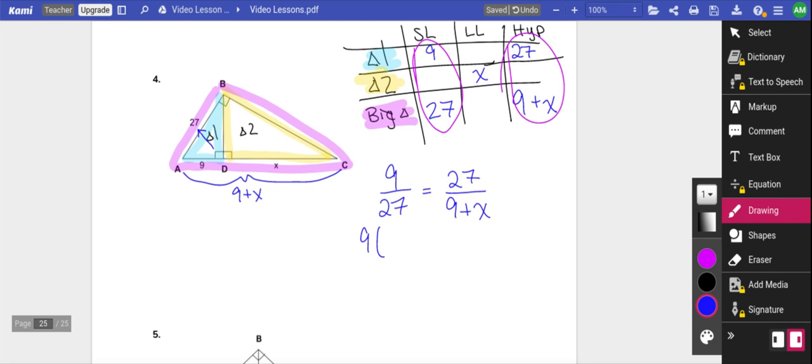So I'm going to multiply 9 by 9 plus x, and that's equal to 27 times 27. 9 times 9 is 81. 9 times x is 9x. 27 times 27 is 729.